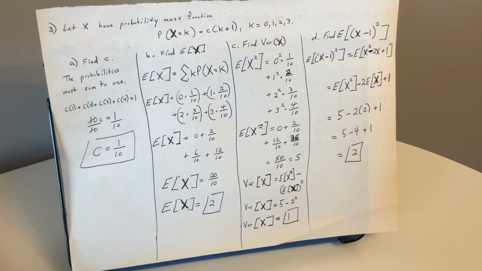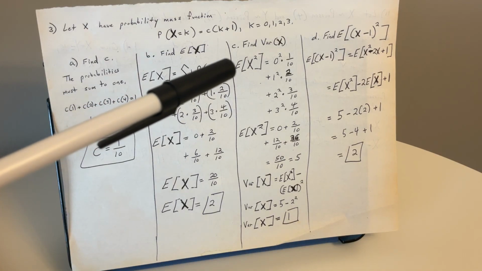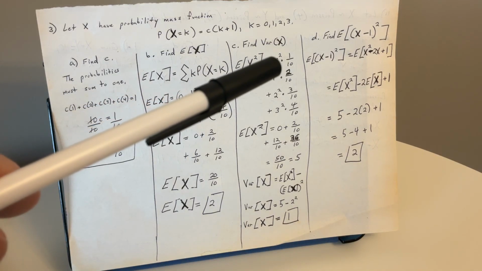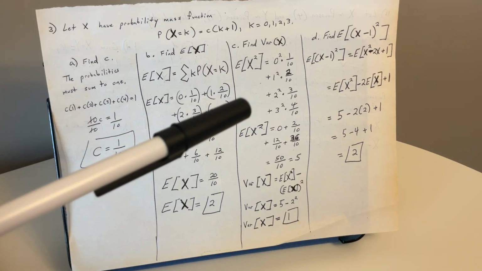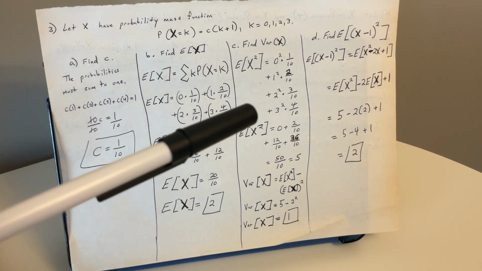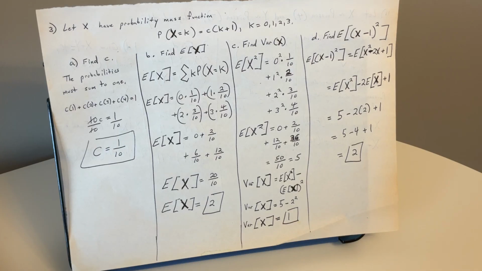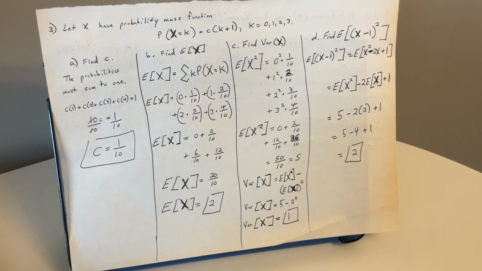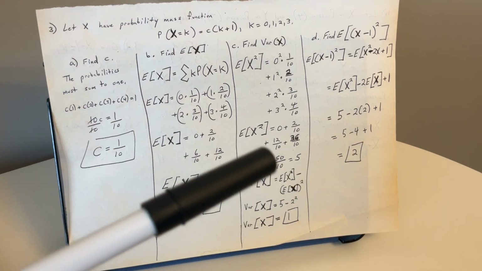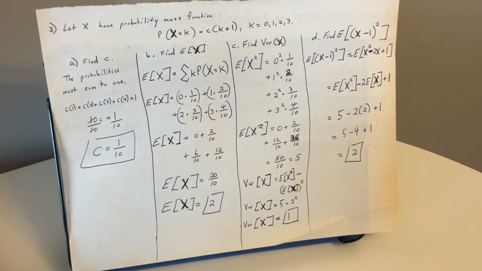Now the variance: expected value of X squared is 0 squared times 1/10 plus 1 squared times 2/10 plus 2 squared times 3/10 plus 3 squared times 4/10. This comes out to 5 for E of X squared.